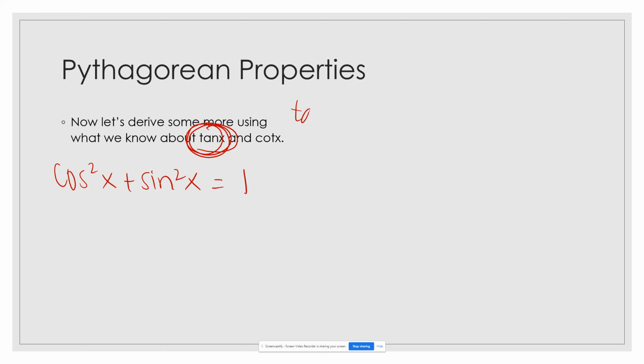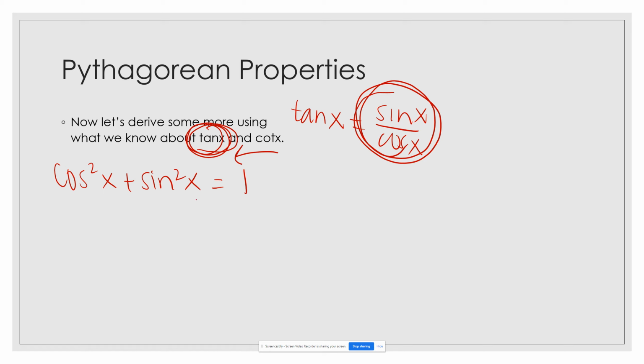We know that tangent of x equals sine of x over cosine of x, which means that if I can get a sine of x over a cosine of x here somewhere, I can have a tangent in there. So what I notice is that I have a sine squared. If I divide sine squared by cosine squared, I will get a tangent squared.